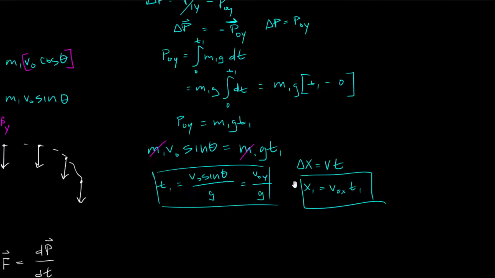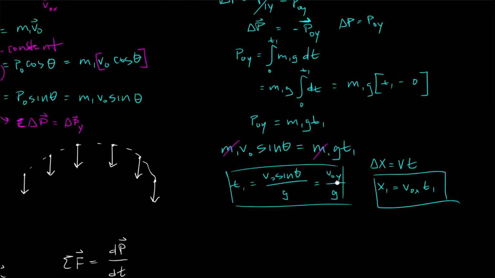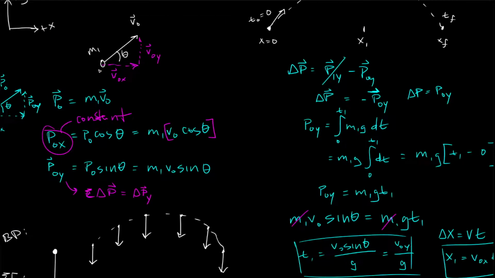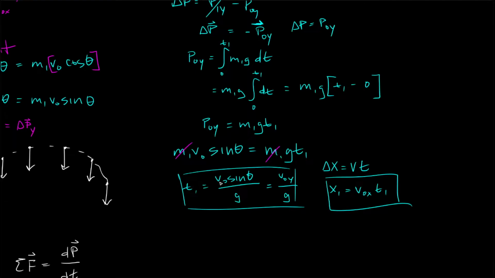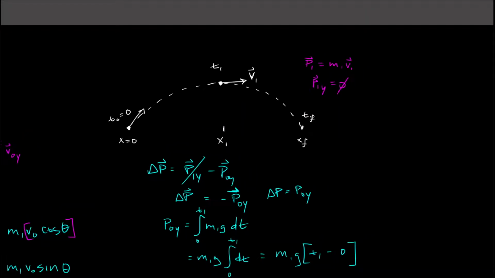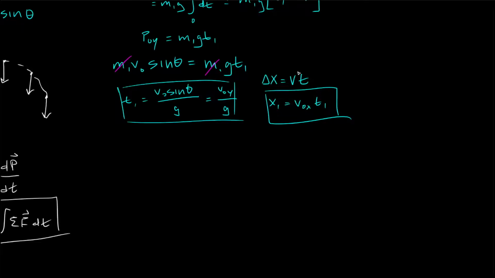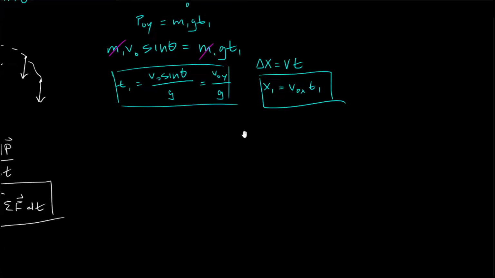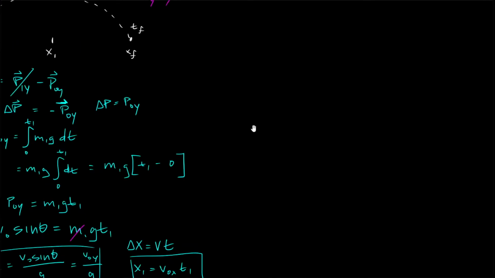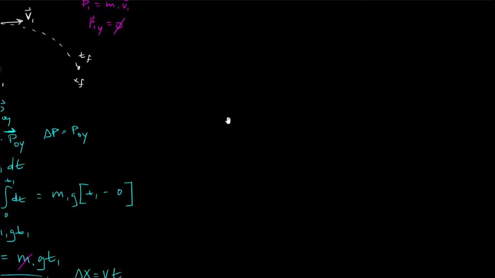And then we could sub these values, v naught x for this and t1 for this, if we felt like doing so. Now, we want to find how long it takes for it to fall from here down to here and where it falls. So we can use this idea, except our velocity is changing and we're looking at vertical velocity instead, vertical displacement.